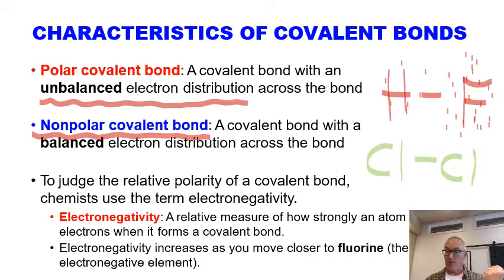One chlorine can pull on atoms exactly the same as another chlorine can pull on atoms. So basically, it's sort of like two huge sumo wrestlers pulling on a rope. If they're exactly the same size and exactly the same strength, that rope ain't going anywhere. So the distribution of electrons is exactly the same. They spend just as much time with this chlorine atom as they do with this chlorine atom. And so it's a completely even distribution.